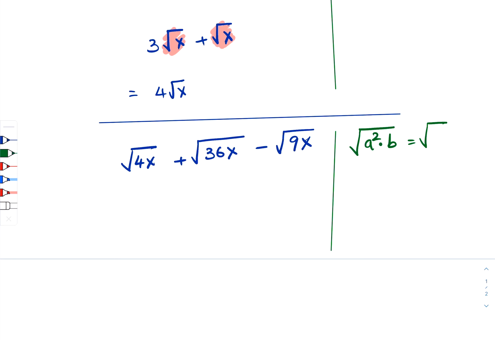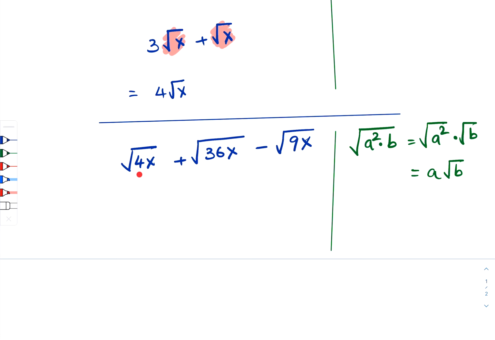That can be written as square root of a squared times square root of b. You can separate the terms and put each of them under its own square root. Now the square root of a squared is nothing but a, and then I have the remaining b. That's exactly what we need to use in this kind of problem.